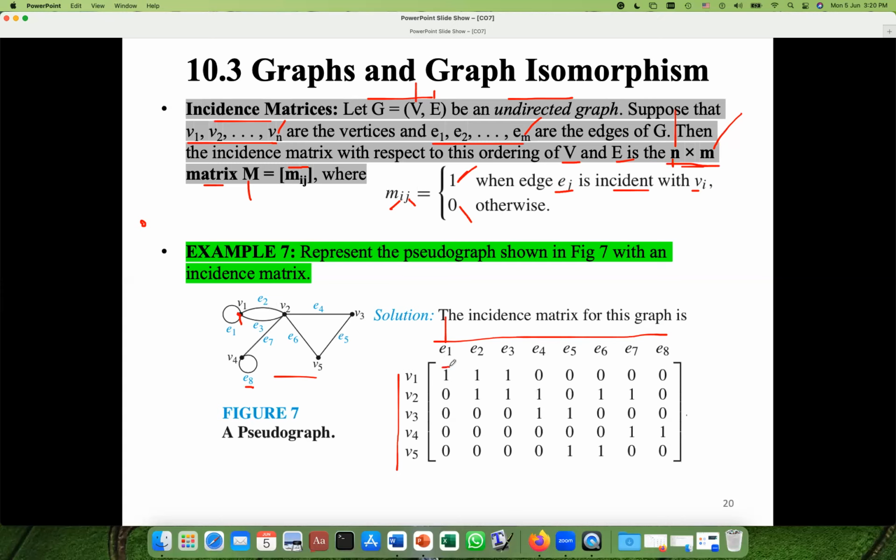Represented with 1, because this is something we said in the definition. At this V1, we have this edge E2. Look at it in the graph. Yes, represented with 1. So wherever you have an edge, represent it with 1. Wherever you don't have any edge, represent it with 0. And this is the incidence matrix.